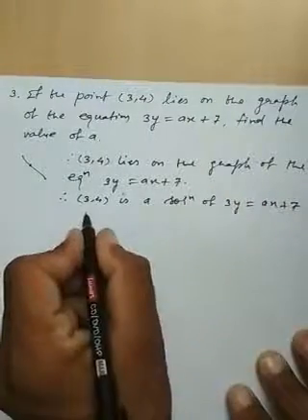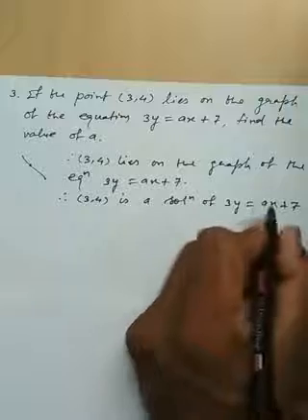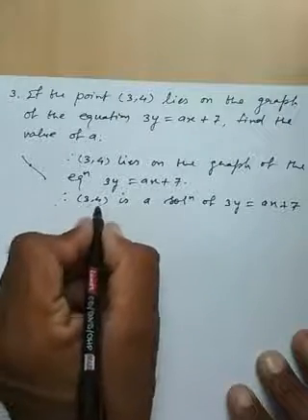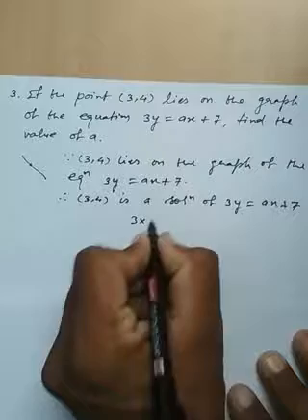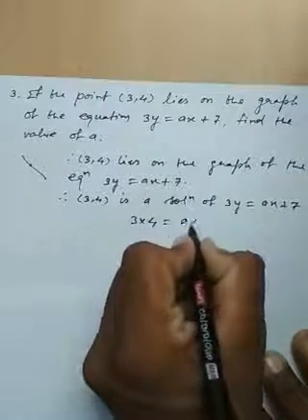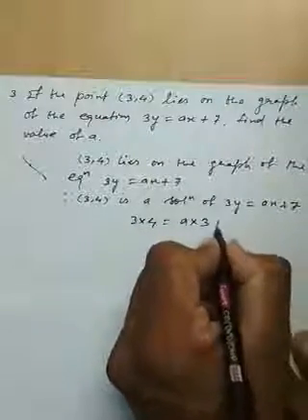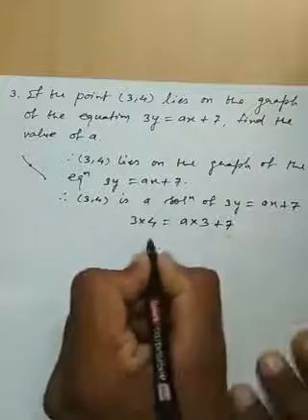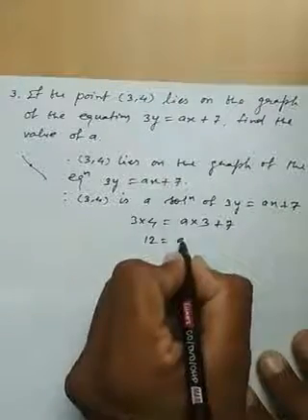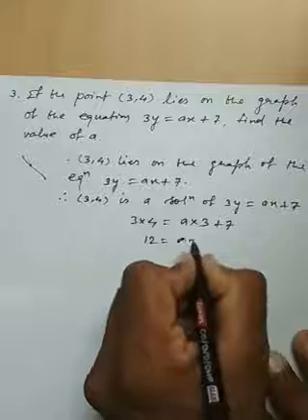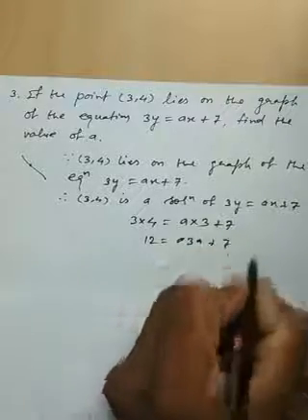Since it is a solution, put the values of x and y. x is 3 and y is 4. So 3 into 4 equal to a into 3 plus 7. 3 into 4 is 12, and 3a plus 7.